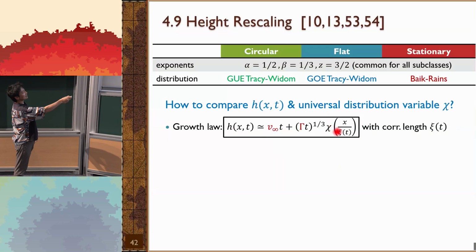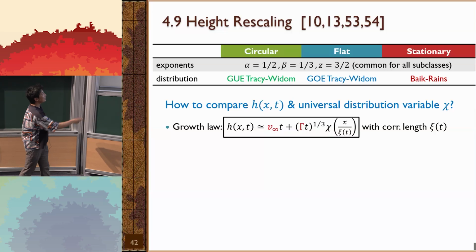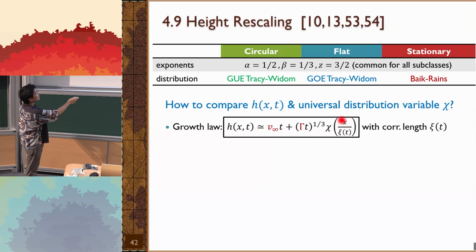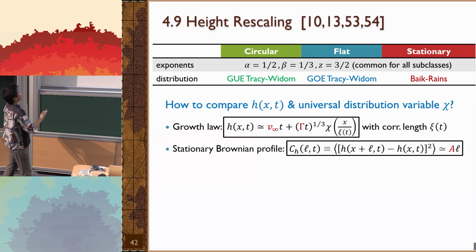Fluctuations come in the subleading term, which grows like t to the 1/3. This 1/3 is the exponent beta. And we can define some amplitude coefficient gamma here. And we know that the spatial coordinate x must be rescaled by the correlation length xi.